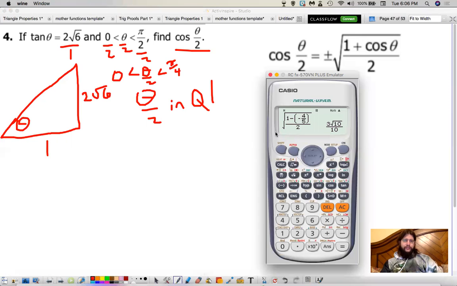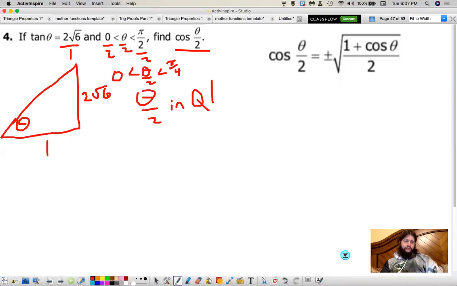My bad. So 1 squared plus 2 square roots of 6 squared is 25, so we know the square root of that is 5. That'll be 5. So cosine of theta, well, that's easy enough: 1 over 5.